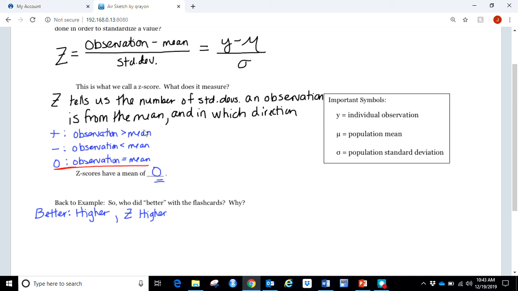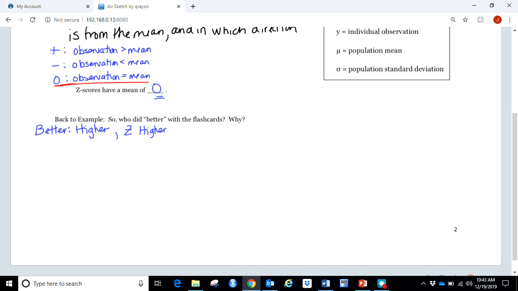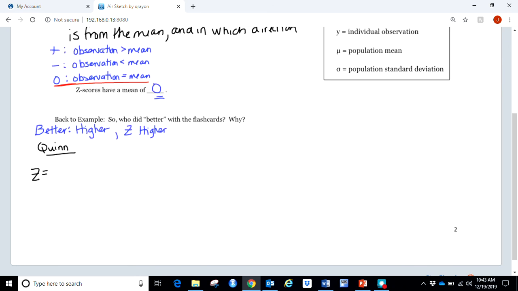Now I can actually do the math for my two students. Let's do it for Quinn first. Quinn was our 8-year-old. She got 56 questions correct, which we saw right here. Since she is 8 years old, we're going to be using the 8-year-old mean and the 8-year-old standard deviation.